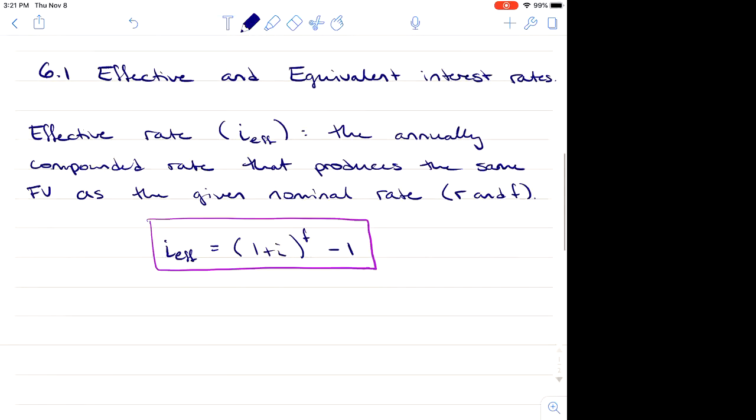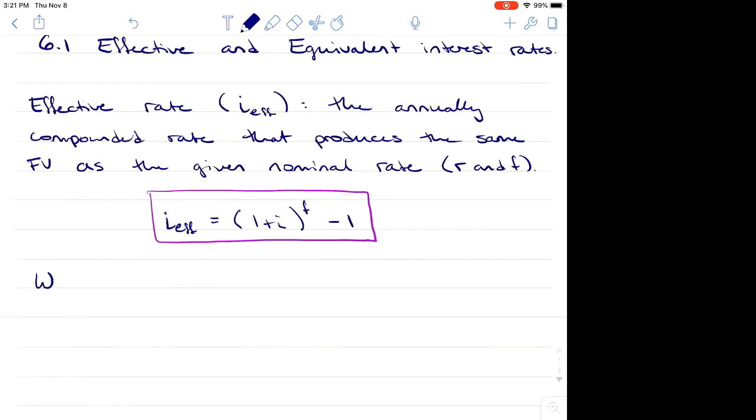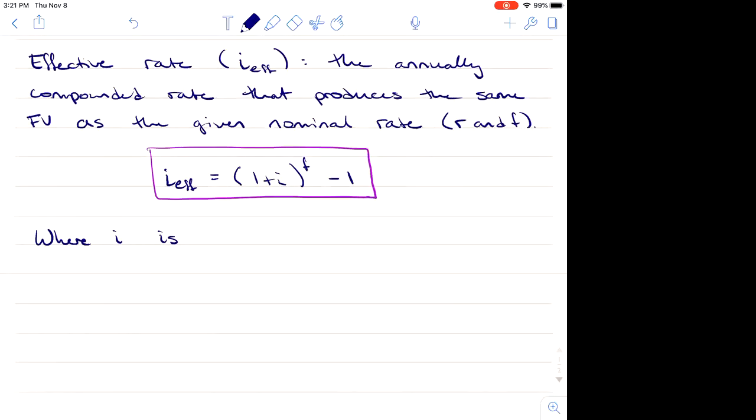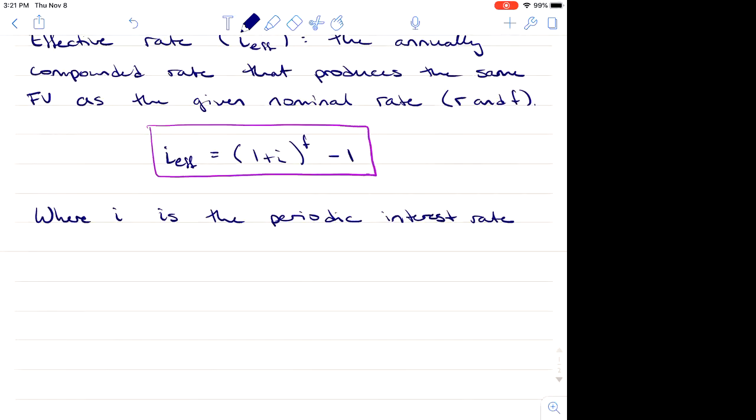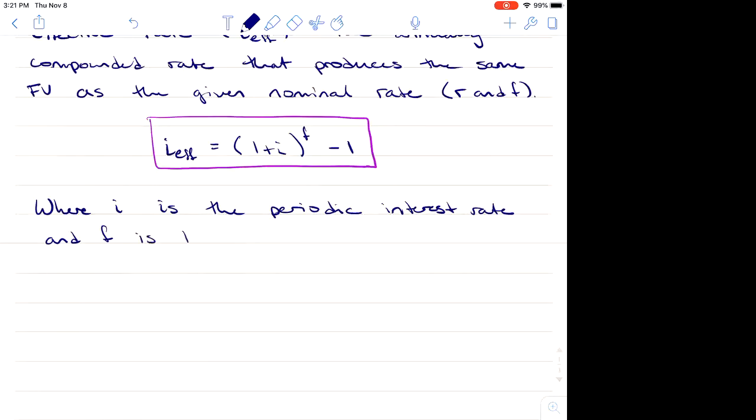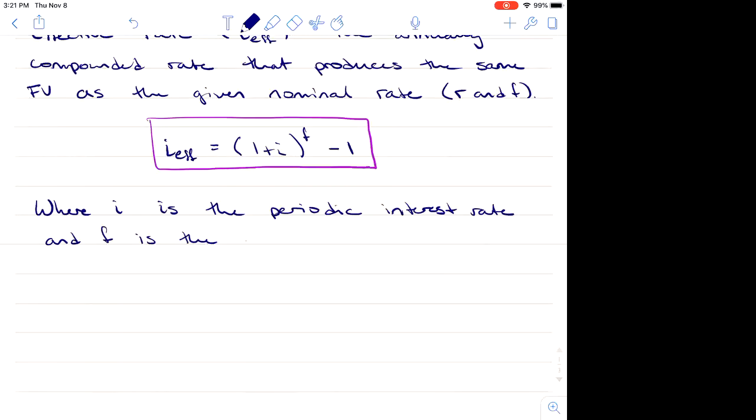Where I is the periodic interest rate, and F is the compounding frequency, just as before.